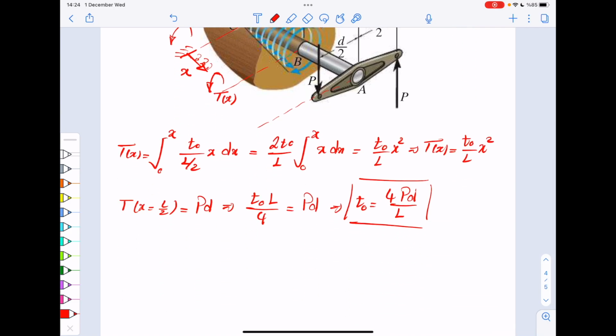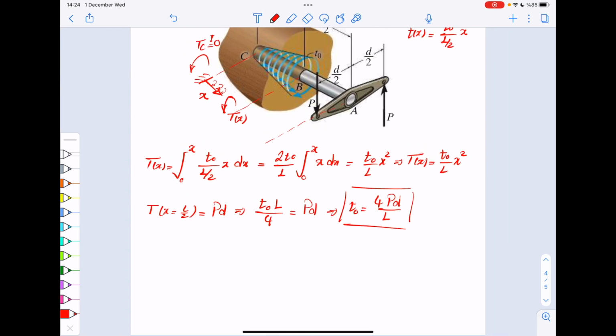Now, the second part is just integrating our relationship to get the angle of twist.